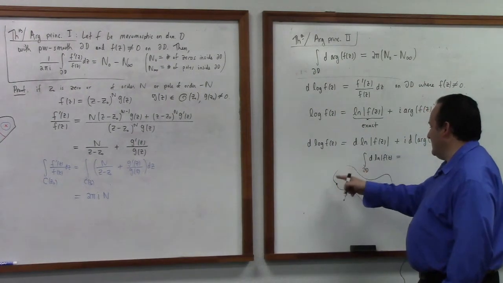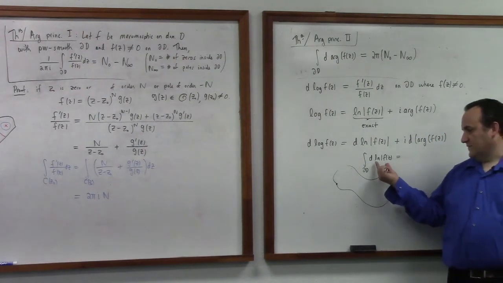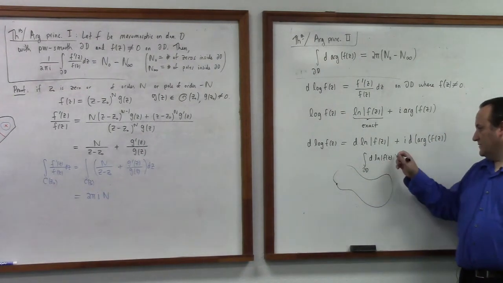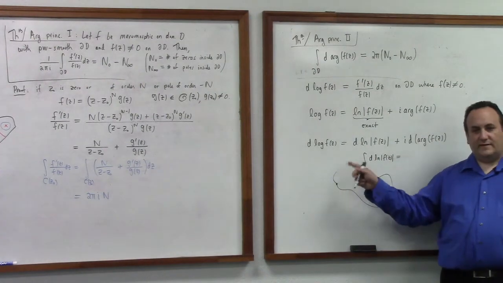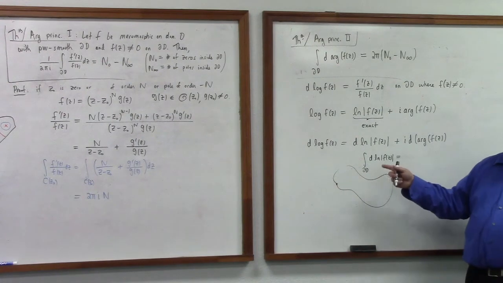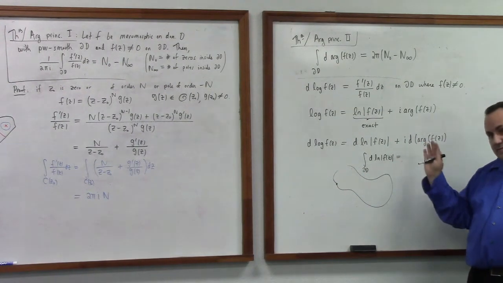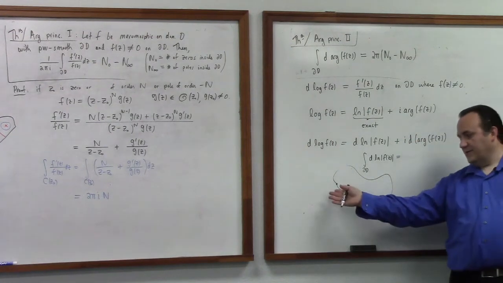You have to break it up into pieces and do it for each piece, but for each piece you get the difference of the logarithm at the starting point and the terminal point, and then you add those up and they cancel until you get back all the way where you started.